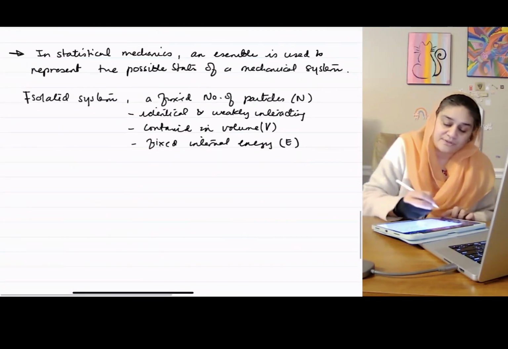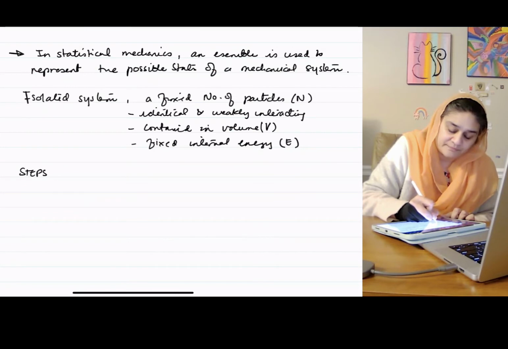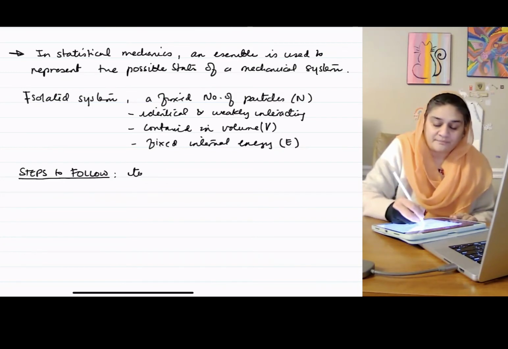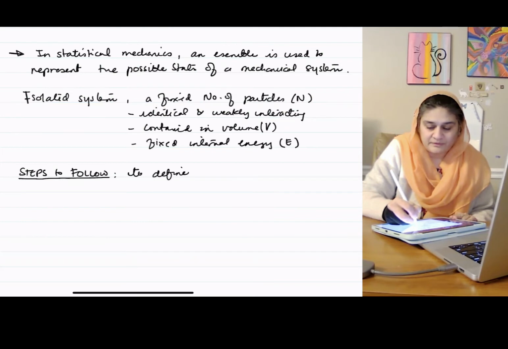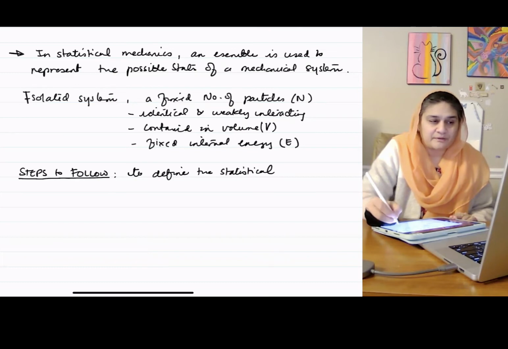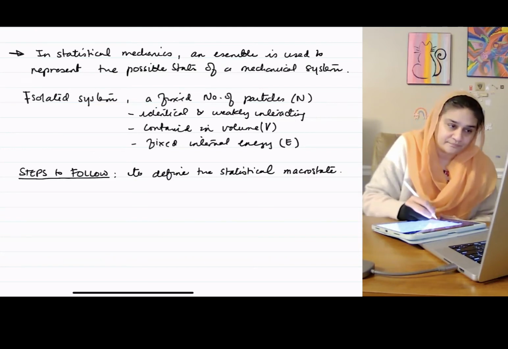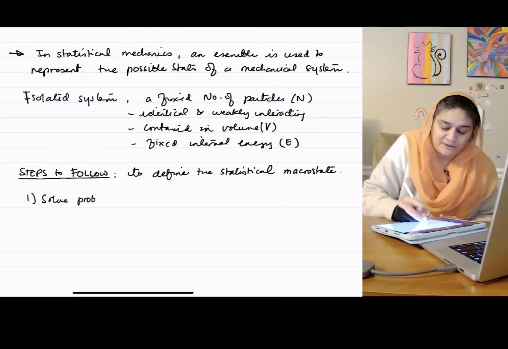Okay, so steps to follow to define the statistical macrostate. Number one, solve problems that have only one particle.